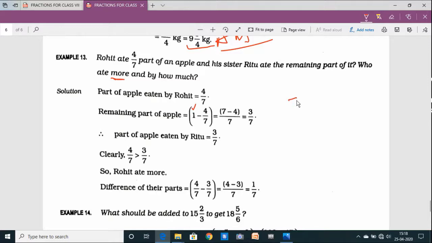7 by 7. Suppose the full part of the apple is 7. When 7 by 7 is divided, it makes 1. So the 1 is a whole part.